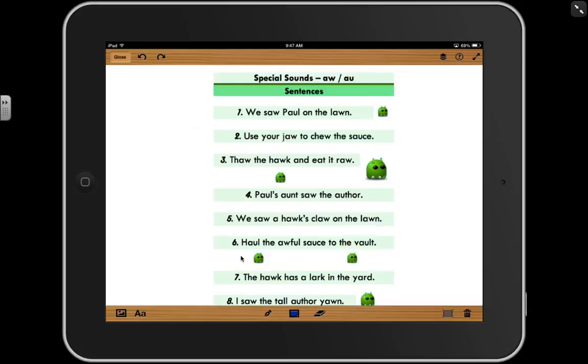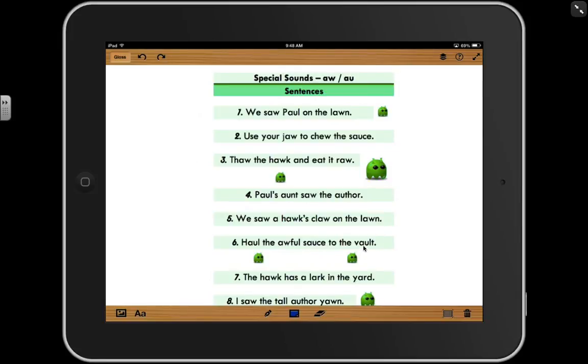Good job. Let's look at number 6. In this first word, we have an AU. It says aw, doesn't it? So haul, haul. There's another word, awful, awful. There's another one there. We've read this word before. This word is sauce.